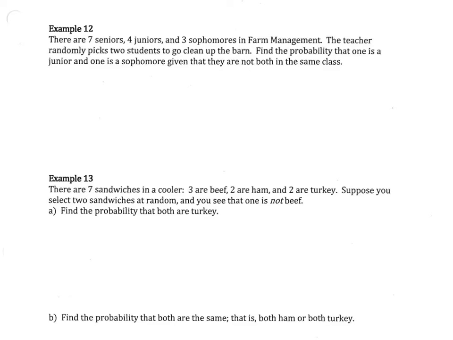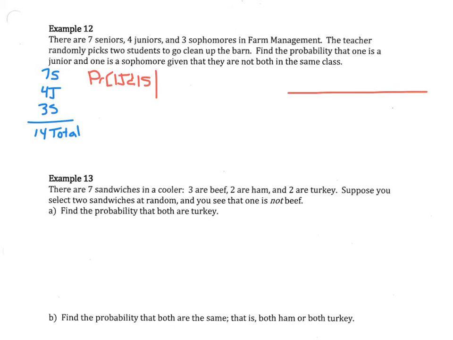Example 12. It says here there are 7 seniors, 4 juniors, 3 sophomores in farm management. The teacher randomly picks 2 students to go clean up the barn. Find the probability that one is a junior and one is a sophomore. So there's your question. So on the top, if we did 1 junior and 1 sophomore, there are 4, I need to pick 1, juniors.